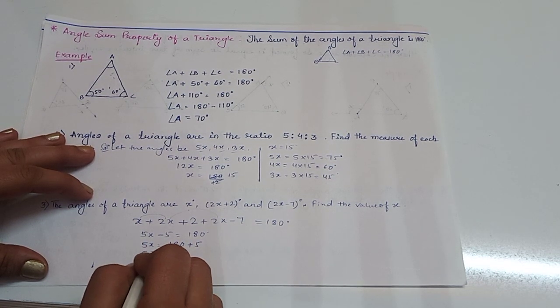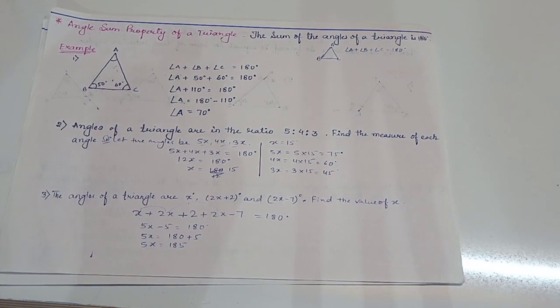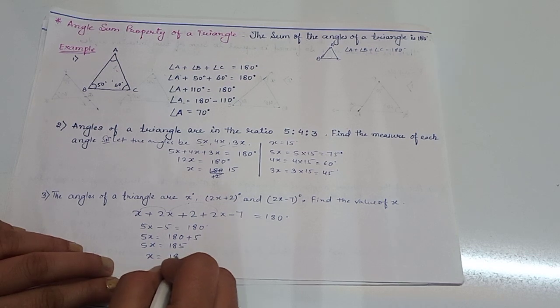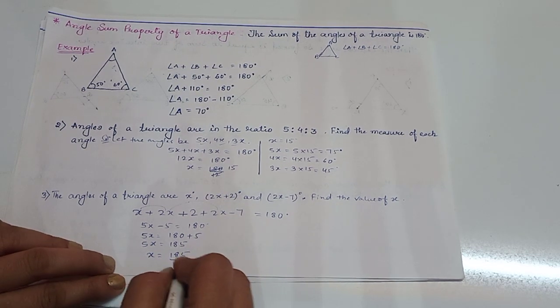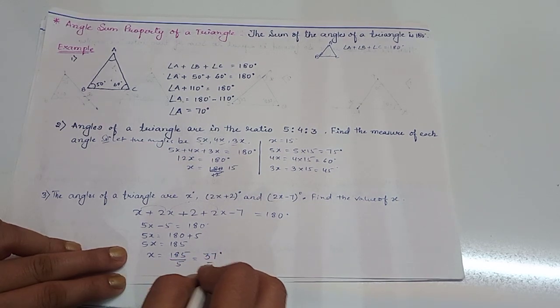So it will become 5x is equal to 185. Now x value I can find easily from here, 185 by 5. That will give us, 5 3s are 15, 37. So we got the value of x as 37.